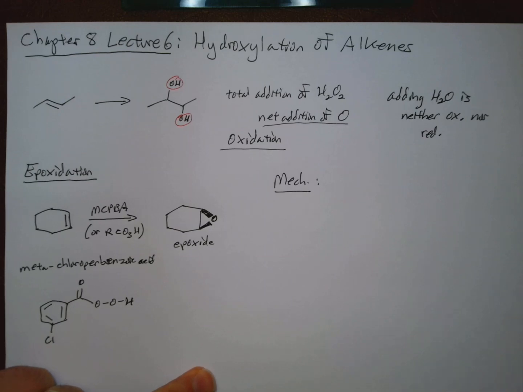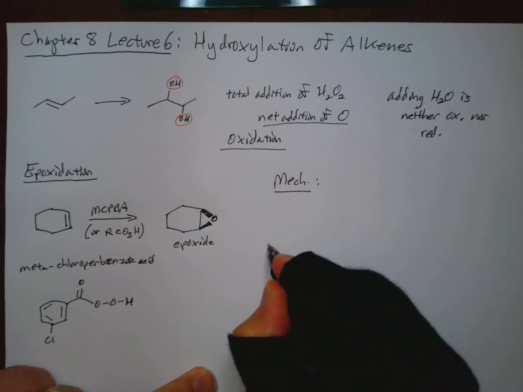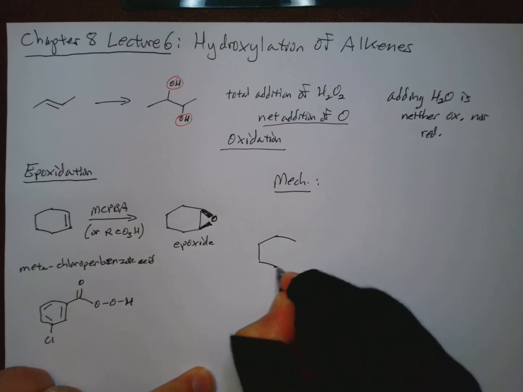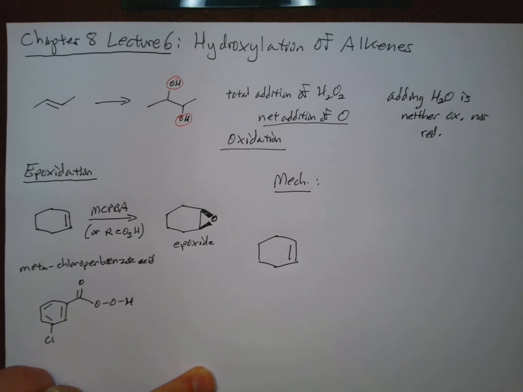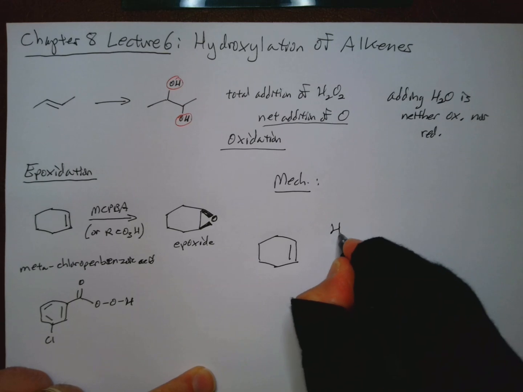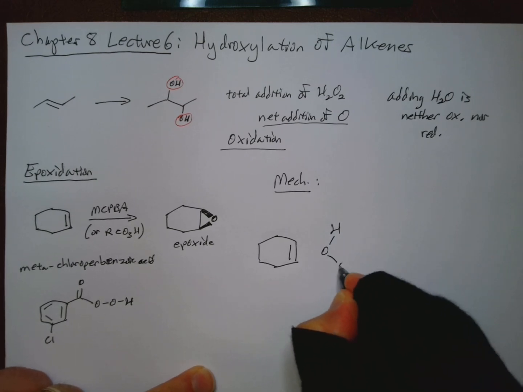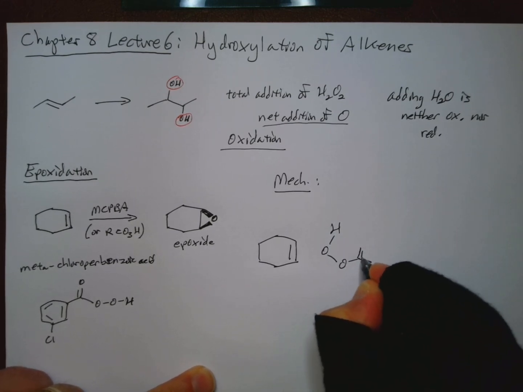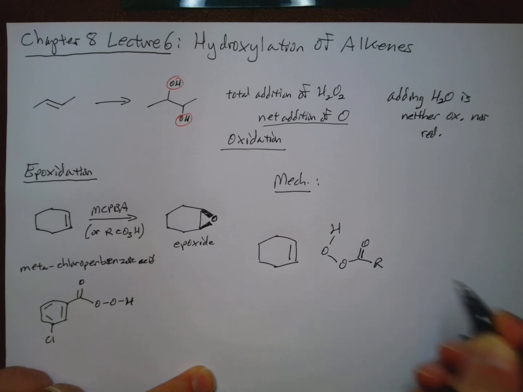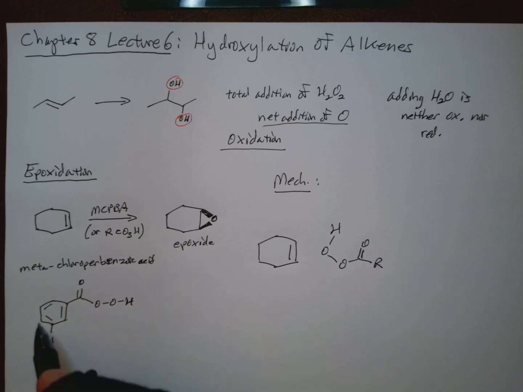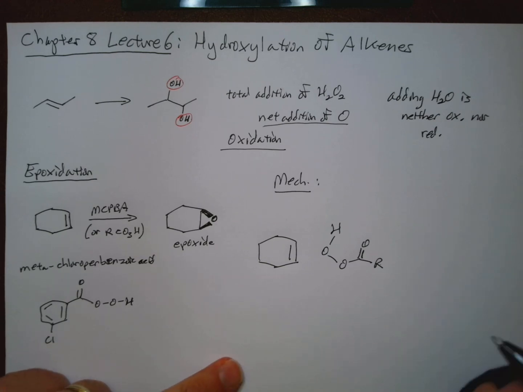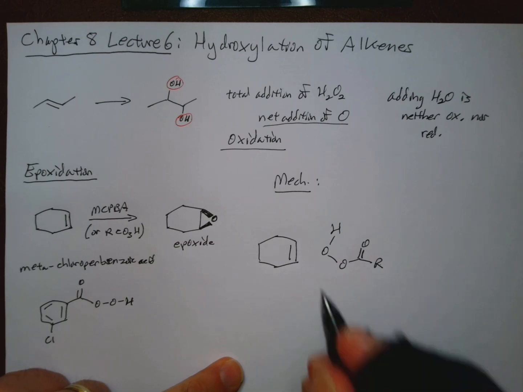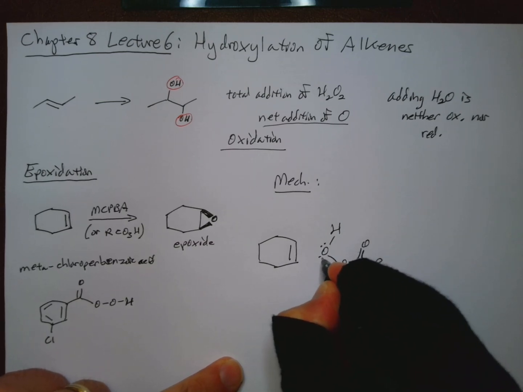We'll have our alkene, and then our peroxy acid, HOO. So here R would be the benzene ring and the chlorine. Excuse me, let me draw in some lone pairs here.